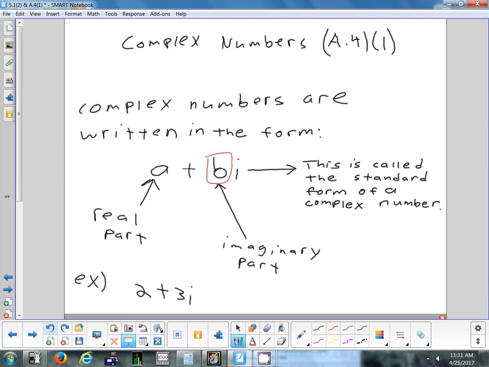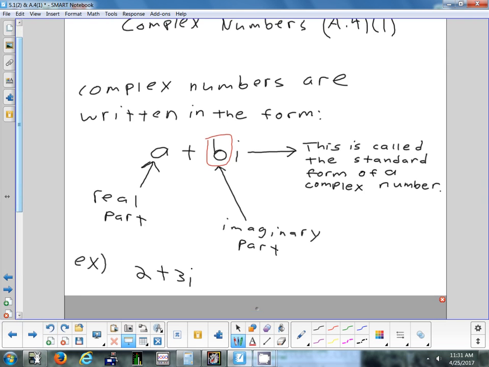So here I wrote an example of a complex number, 2 plus 3i. 2 is the real part. 3 is the imaginary part. Not 3i. The i is just there to tell you that what's in front of it is the imaginary part. And that's usually how you write it: real part first, and then imaginary part.